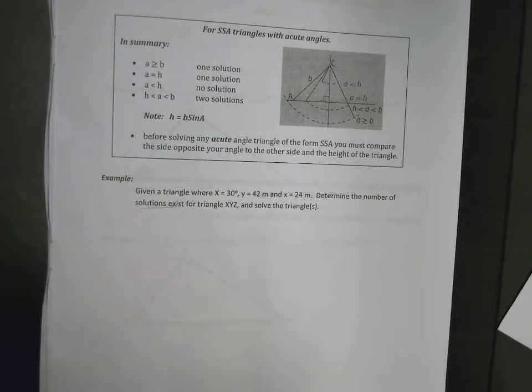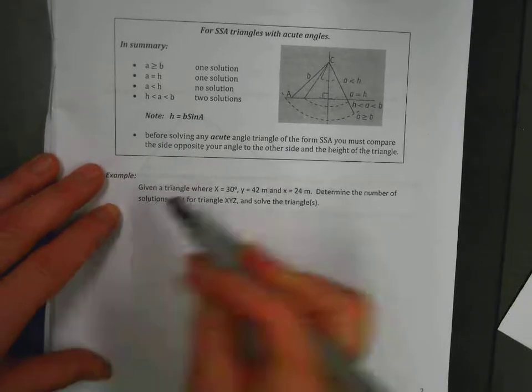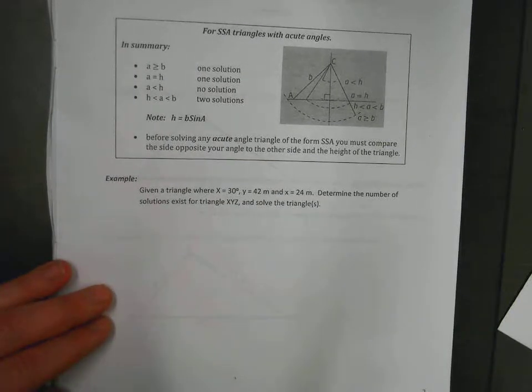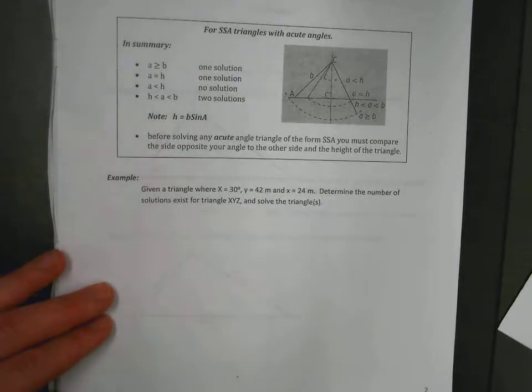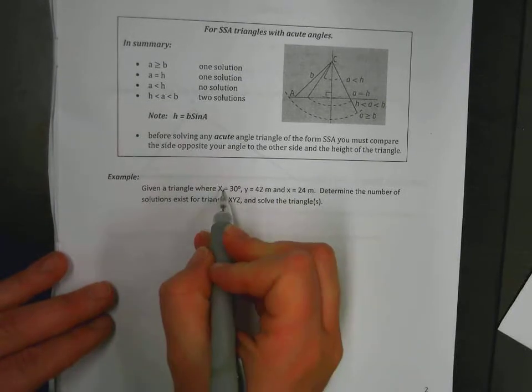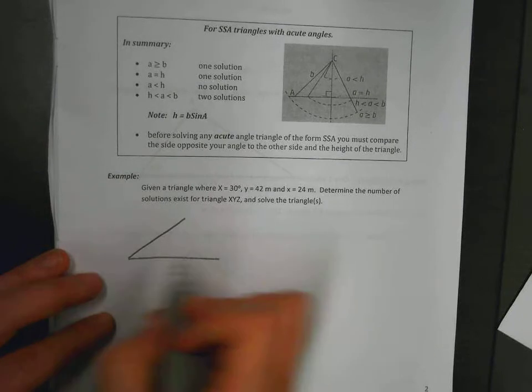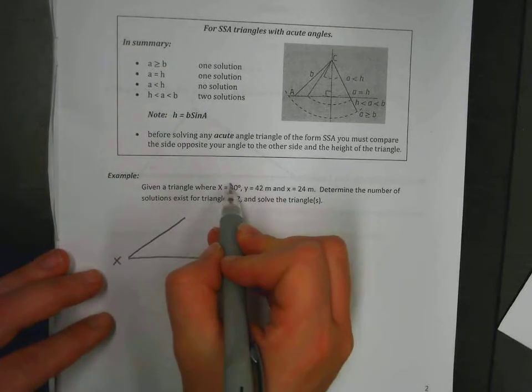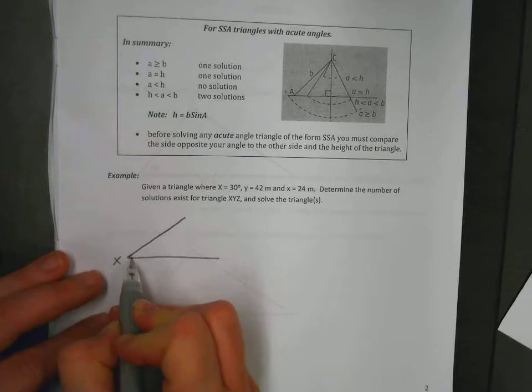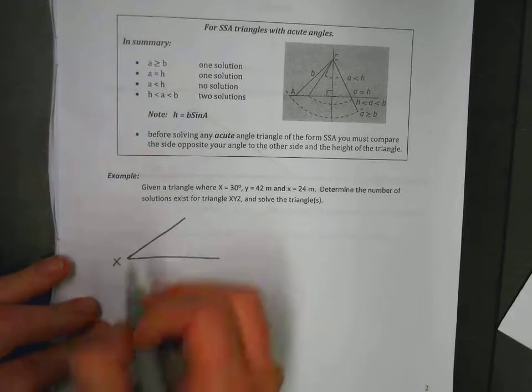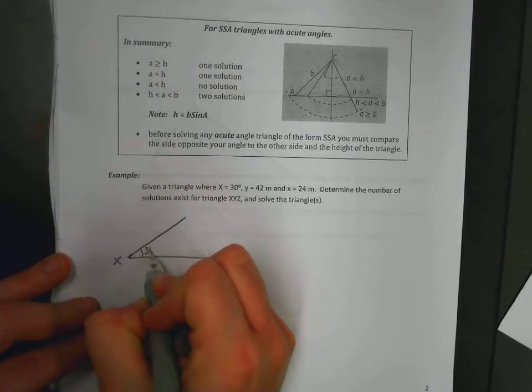So every time I tackle a question like this, I'm going to draw my triangle in the exact same direction so there is very little confusion. So I'm always going to draw my angle starting like this, where my angle that I'm given is in this far left corner. I know this angle is 30 degrees.